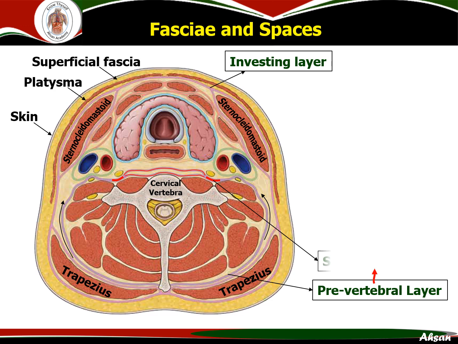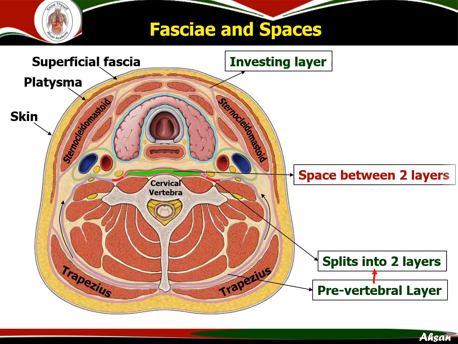In between there is a space. This space is shown in green color, and this is known as the space between the two layers of the prevertebral fascia. The visceral layer encloses the thyroid gland, trachea, and the esophagus.